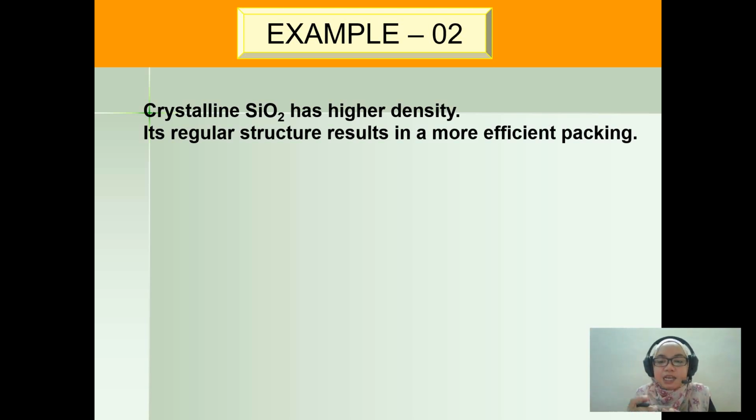So bila dia lagi packing lagi lawa, lagi in an orderly manner, dia ada high density compared to the solid yang dia randomly ataupun lack of orderly arrangement, dia ada lower sikit density. So that's why crystalline solid has higher density compared to the amorphous solid.